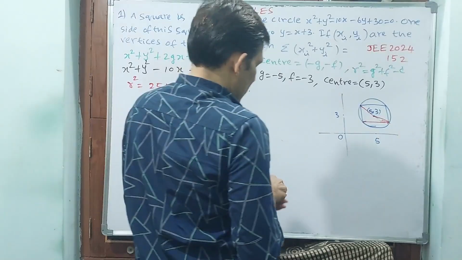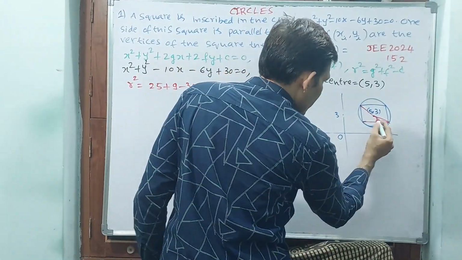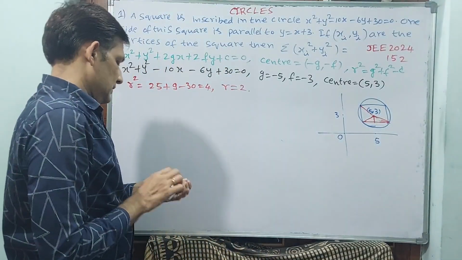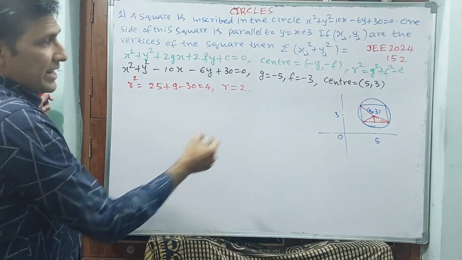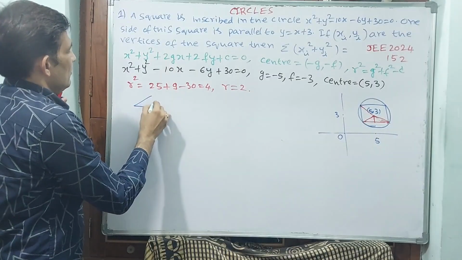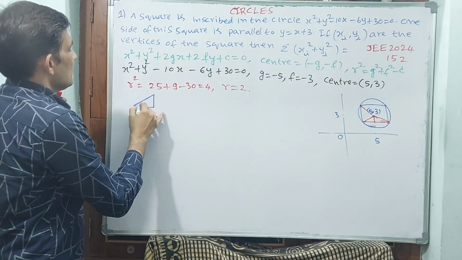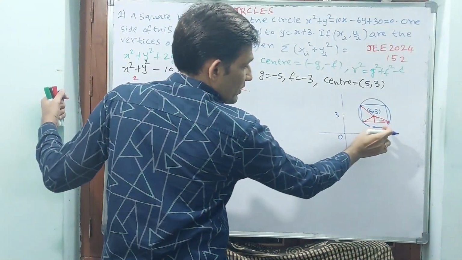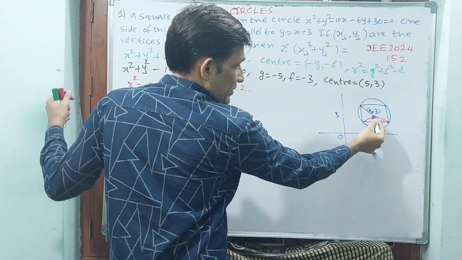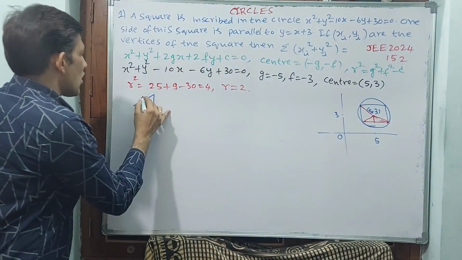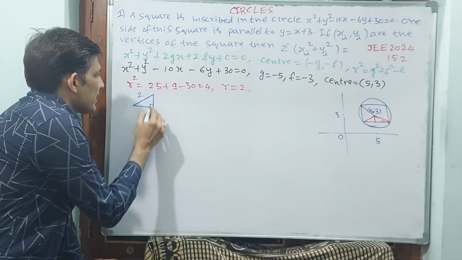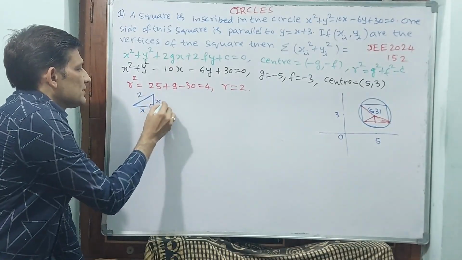You see how I am taking the figure. This radius I am taking like this. Now see, from here this is the radius. Radius is how much? 2. Because of perpendicularity, both are the same.